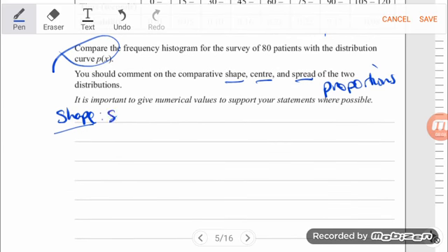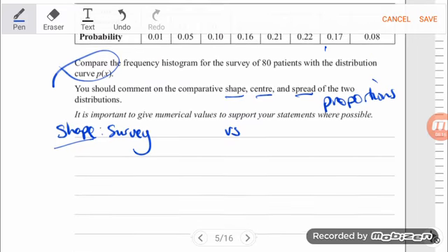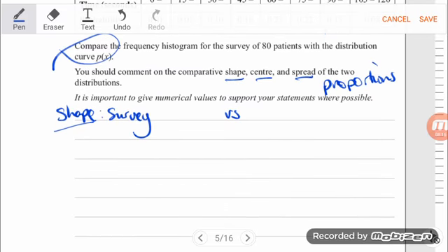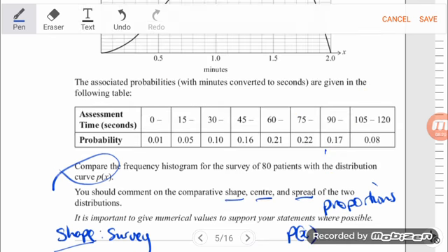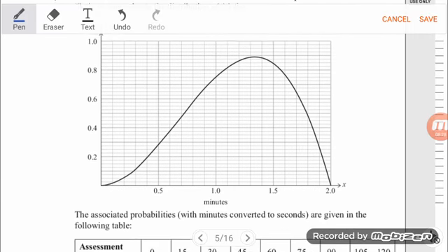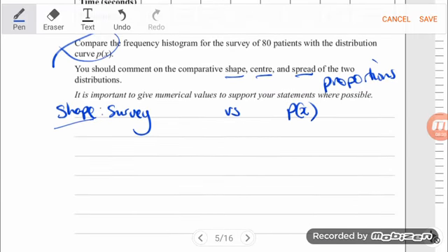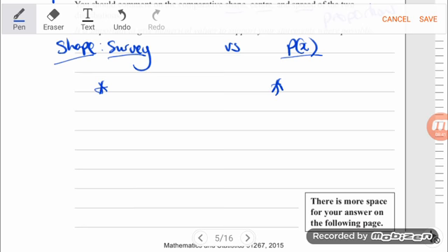Survey versus the P of X. If we look at this, this is one way that you could set it up: say shape, survey versus P of X, and then jot your points down here like this, so whoever's marking can see how you're comparing it.